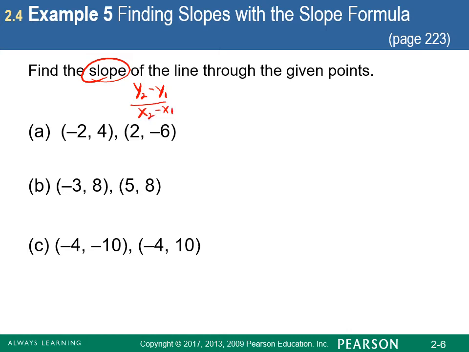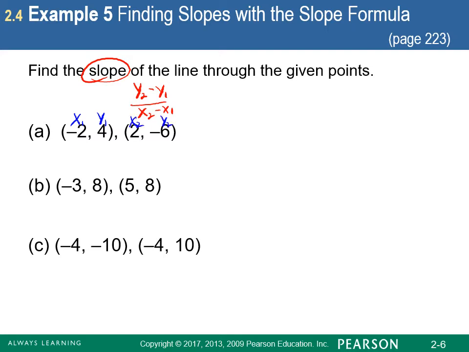Y is on top, x is on bottom. Now, to use that, each set of ordered pairs are coordinates. The first one is the x, and the second one is the y. We will number these first coordinates with 1s, and we'll number the second one with 2s.